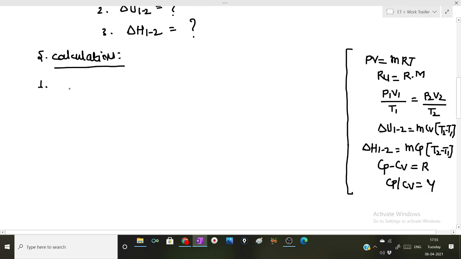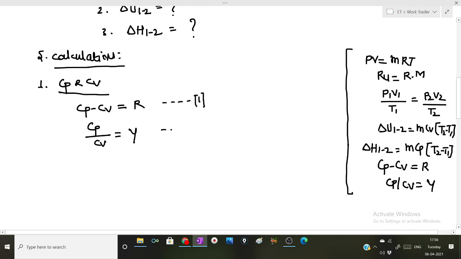So the very first calculation is to calculate Cp and Cv values. Now as you can see, we have two relationships: Cp minus Cv is equal to R and Cp over Cv is equal to gamma. Let's say this is equation number 1 and this is equation number 2.